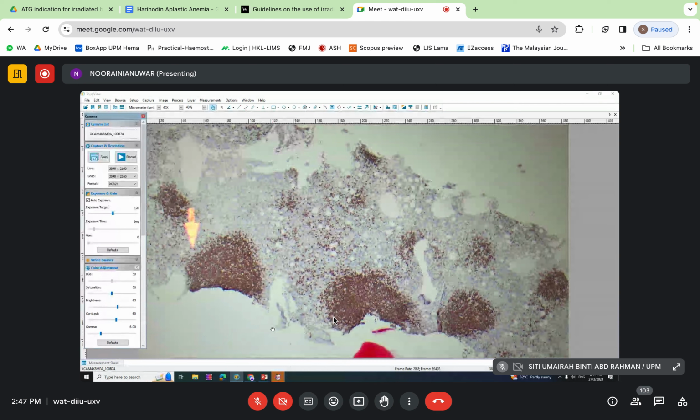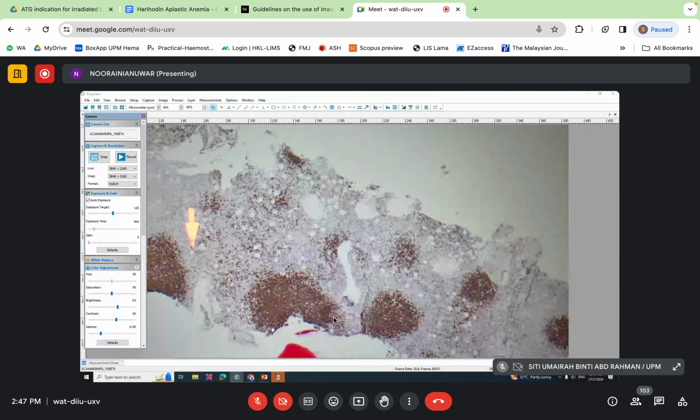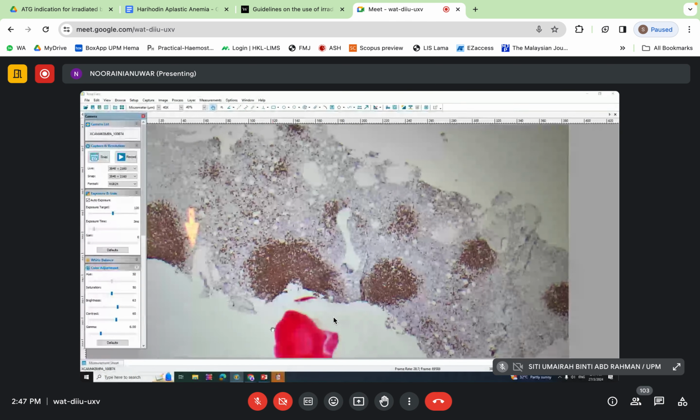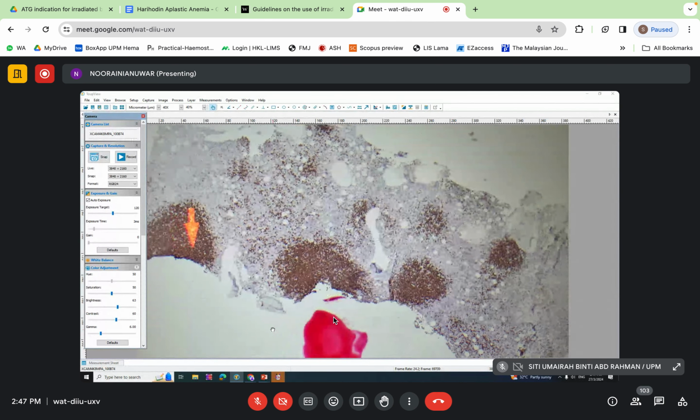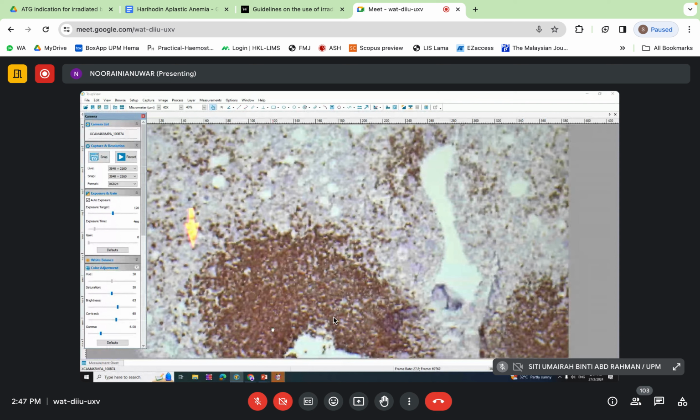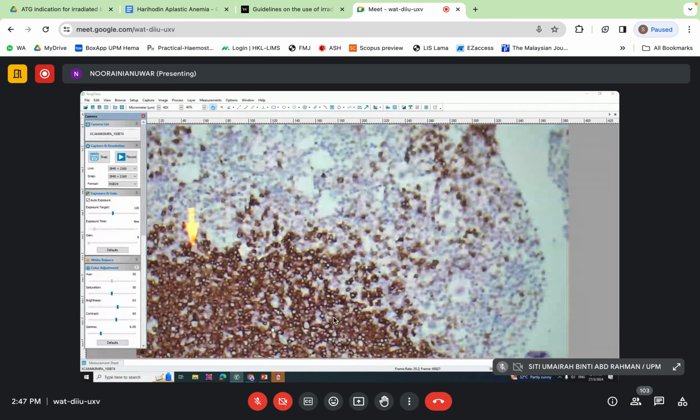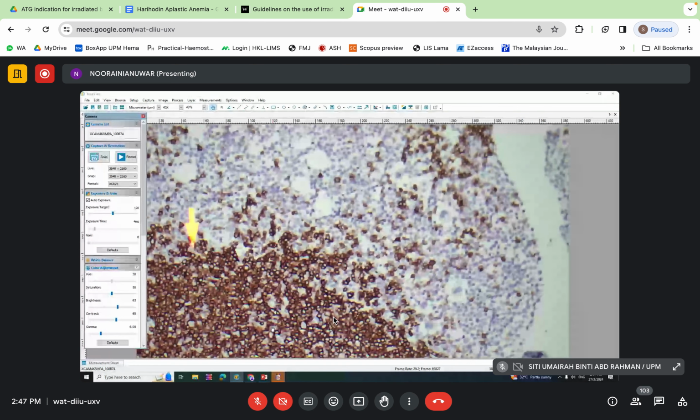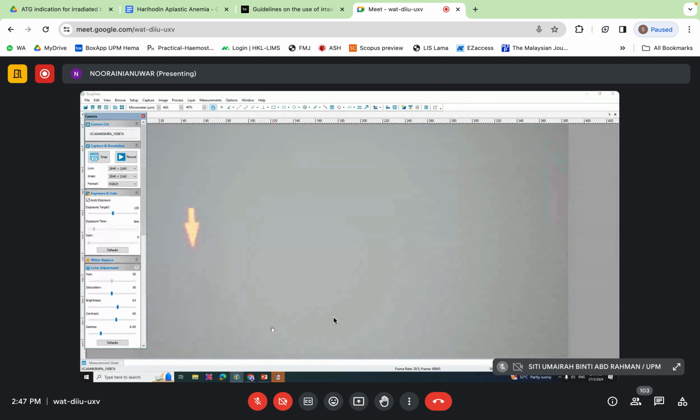So this is CD20. CD20 is positive for the cells, and the size of the cells you can see here is small. Nodular, yeah, nodular pattern.